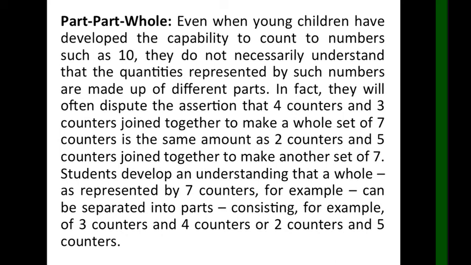Students develop an understanding that a whole, as represented by 7 counters, for example, can be separated into parts consisting, for example, of 3 counters and 4 counters, or 2 counters and 5 counters.